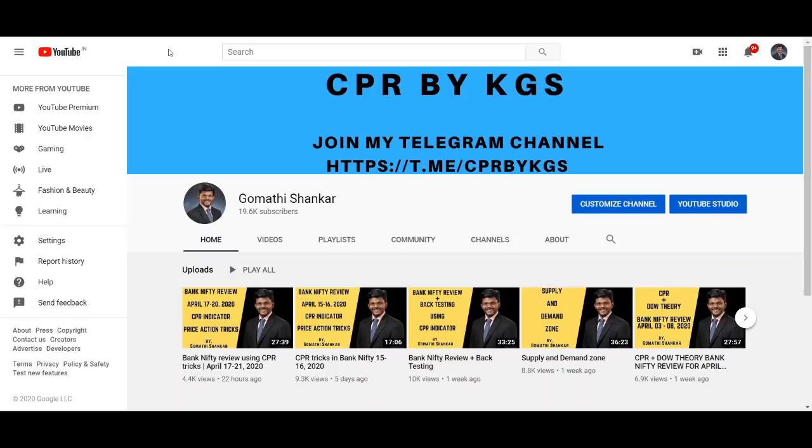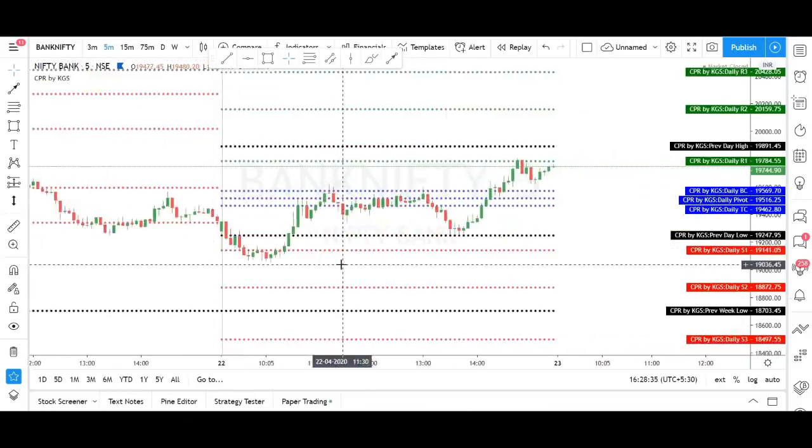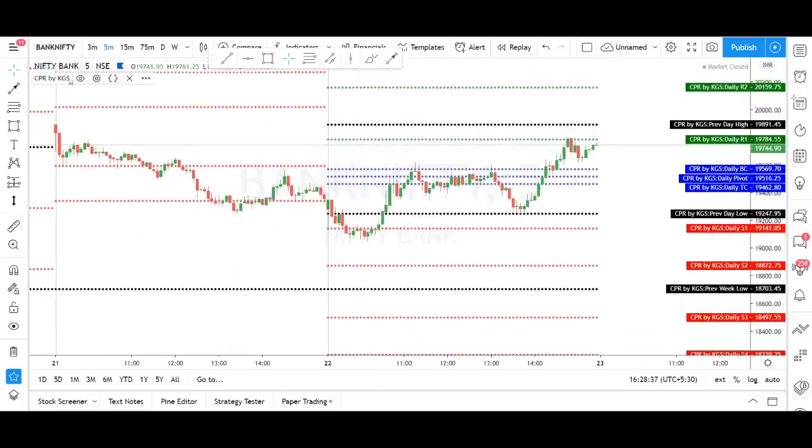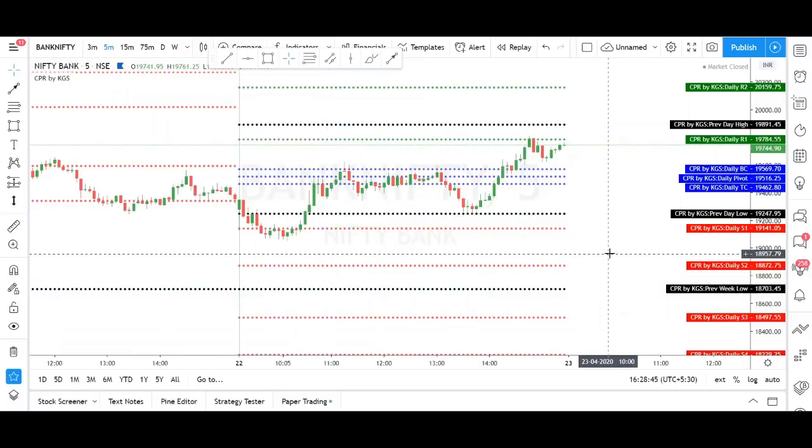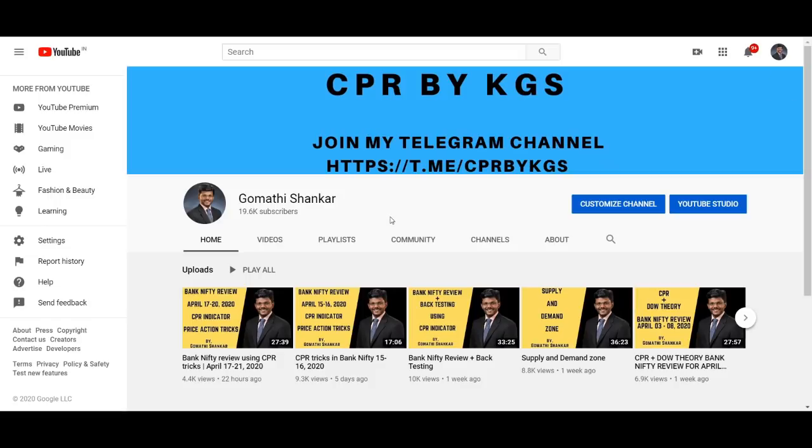Don't worry at all. So don't pay money to anybody and don't spend money for the CPR AFL. It is already available in TradingView. I gave the CPR indicator absolutely for free, with weekly, monthly pivots, with weekly, monthly high low. Similarly, I will give the CPR indicator for AmiBroker also. Retail traders, please don't waste your money.